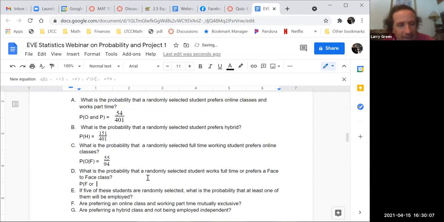And then I need a letter for face-to-face. How about F2F? Since we've already used F for full time. Any question? I'm going to boldface or. That's like the new thing for this problem. Any questions at all on at least writing down what the probability is this time? Writing down in symbols.